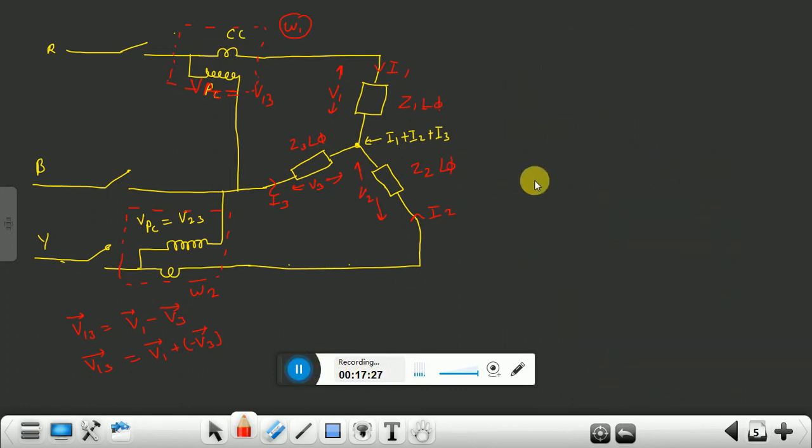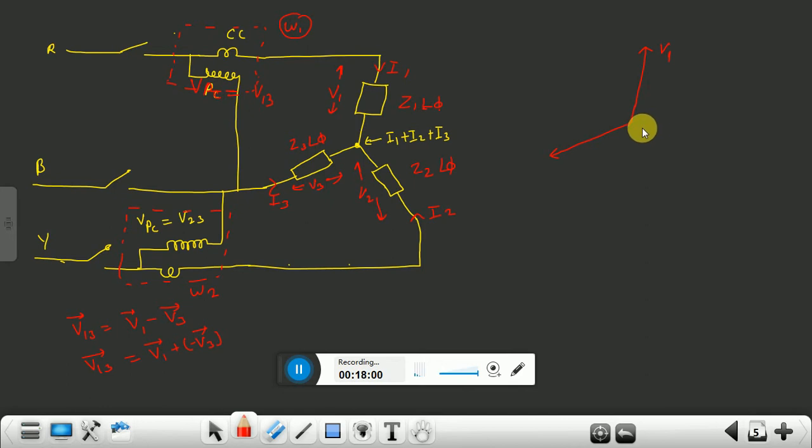So here we draw a three-phase diagram. This is V1, V2 and V3. Suppose this is your V1, and assume the balanced voltage condition, balanced voltage and balanced phase difference.